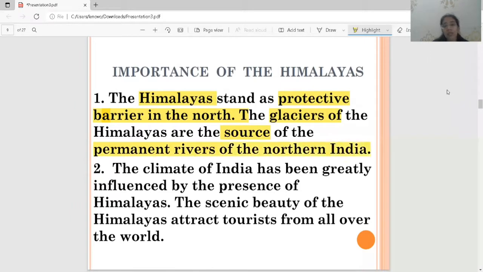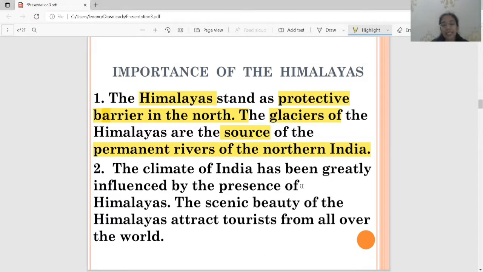Indus, Brahmaputra, and Ganga are perennial rivers, and they get water from the glaciers only.